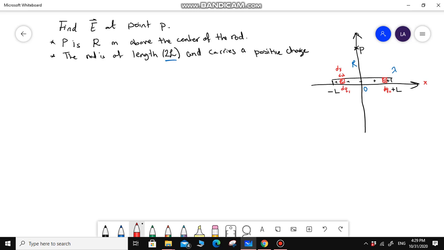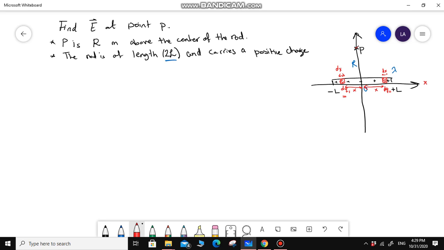So this is also of length dx. The distance between the origin and the piece that I chose is x, and here also is x. So I took two pieces that are at equal distances from the center or from the origin, equal distance.